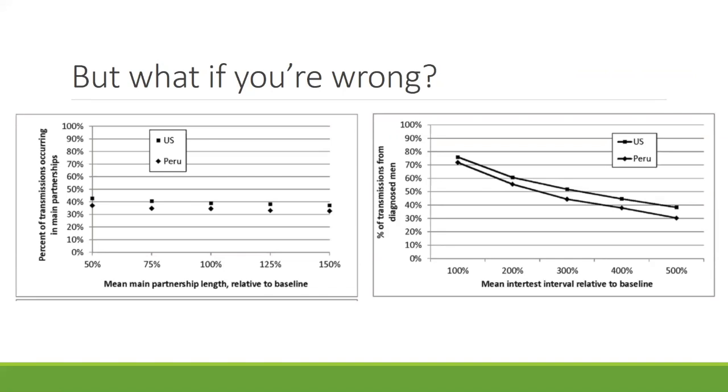So we're looking at the interval between tests. If we underestimated how long people go between getting HIV tests, right? How does that change transmissions from those who are diagnosed relative to undiagnosed? And unsurprisingly, the longer people wait between tests, the more of them manage to transmit before they are diagnosed.